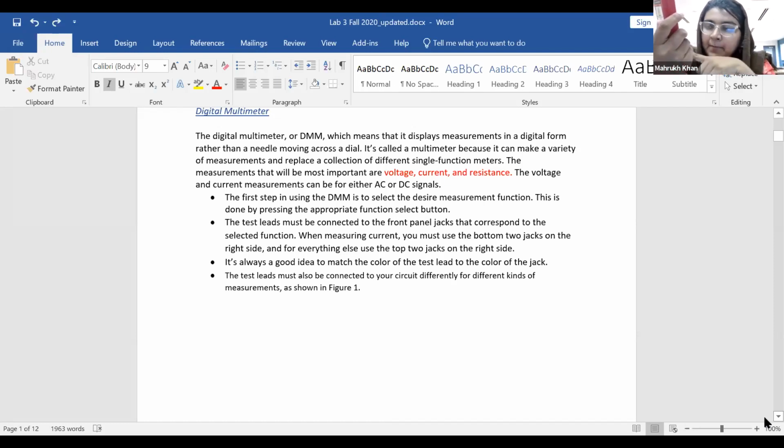But this jack can measure voltage up to 250 volts and currents up to 200 milliamps. So if there is a circuit where your current is greater than 200 milliamps, then you can shift to that. Otherwise, you will use these two holes. Okay, the test leads must be connected to your circuit differently for different kinds of measurement.